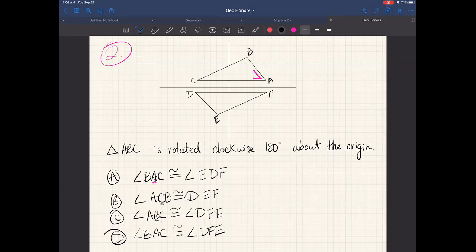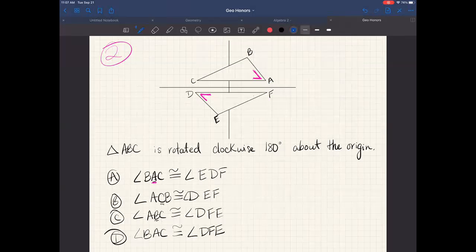All right, so I'm going to keep going. BAC looks at angle A, and then EDF. I want to do it in the same color. So those are those two angles. I'm going to switch colors to do the next one, which is AC.